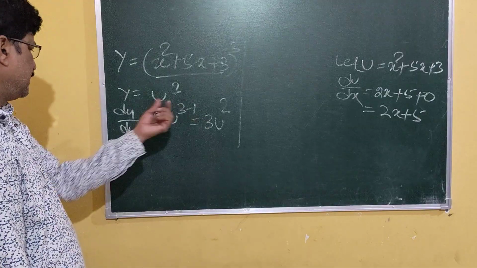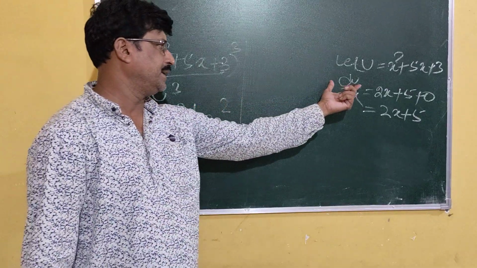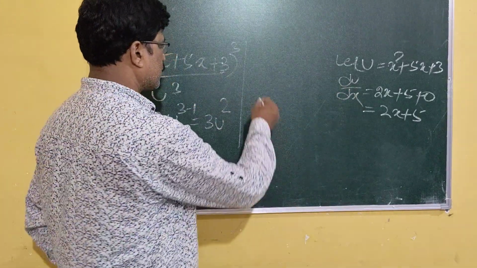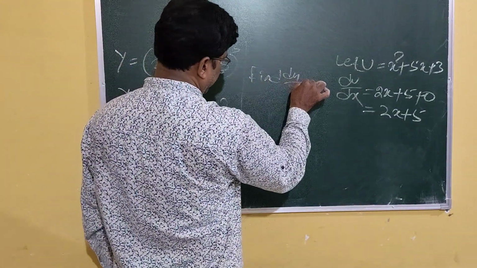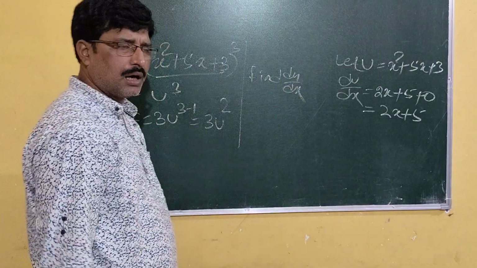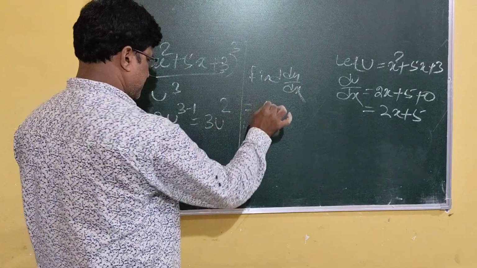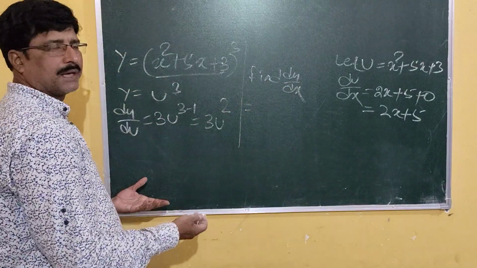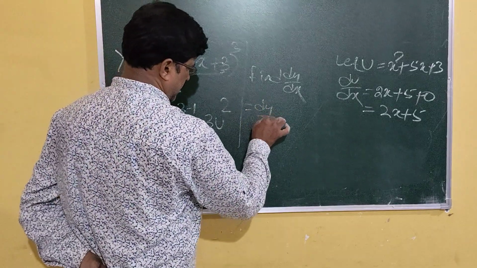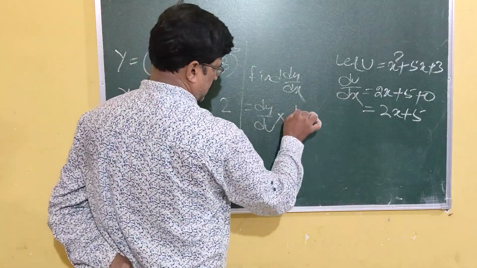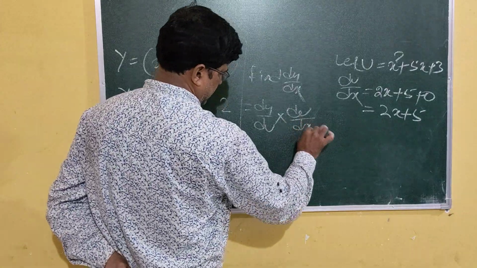Okay. Now here dy by du and here du by dx. But our question is to find dy by dx. How can we find this dy by dx? If we multiply these two, we will find dy by dx. Here dy by du into du by dx.